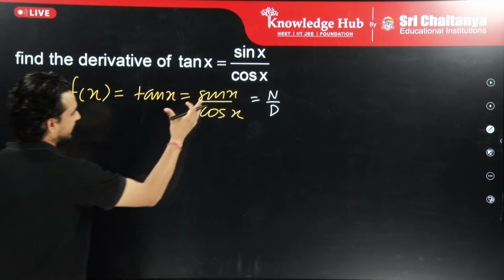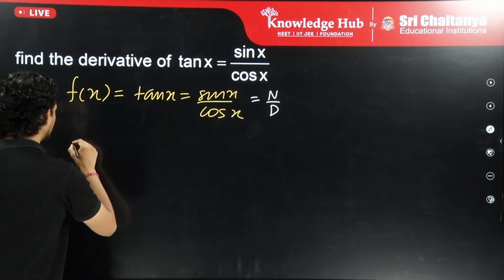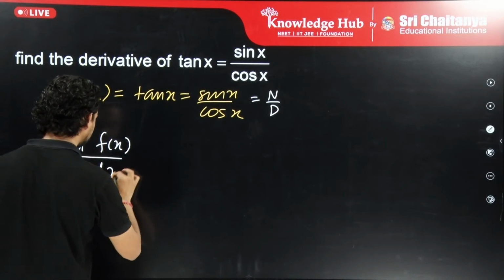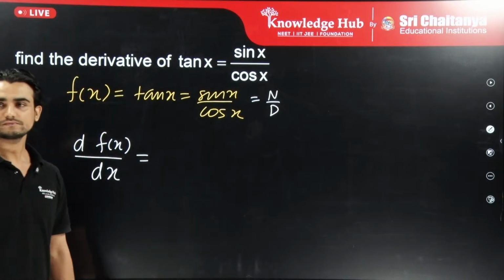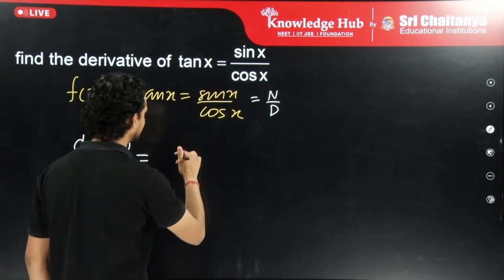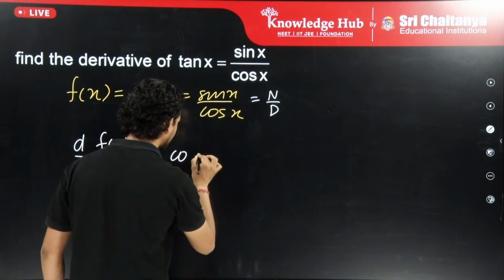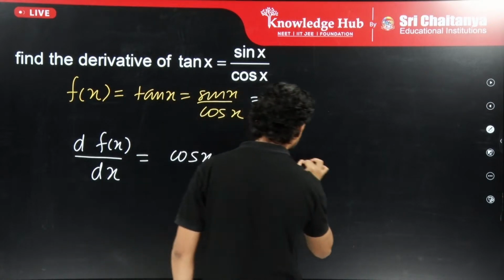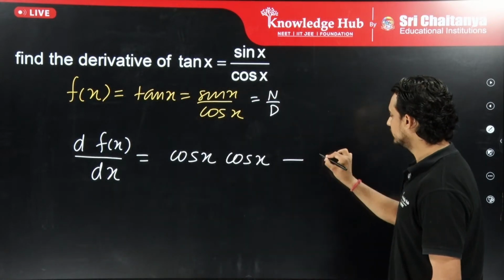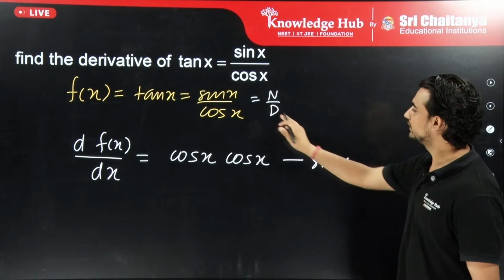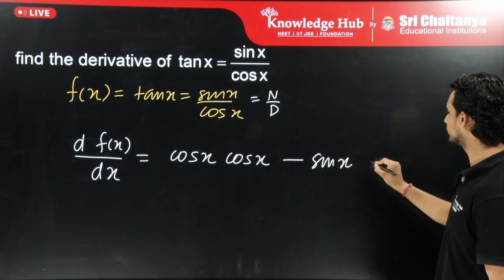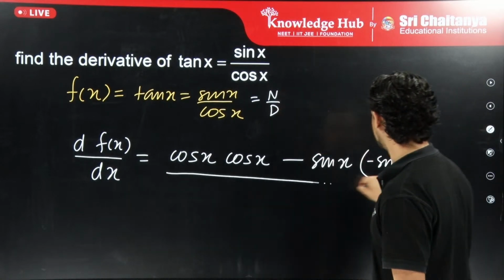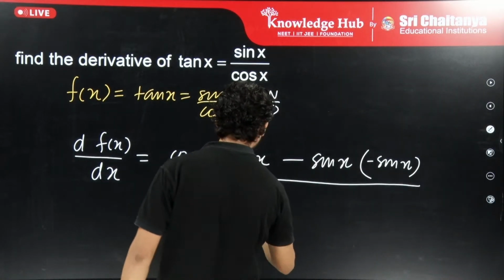Differentiation of f(x) with respect to x will become: differentiation of sin x is cos x, and I'll write cos x as it is, minus, now I'll write the numerator as it is and differentiate the denominator. Differentiation of cos x is minus sin x, upon, I will write denominator square.